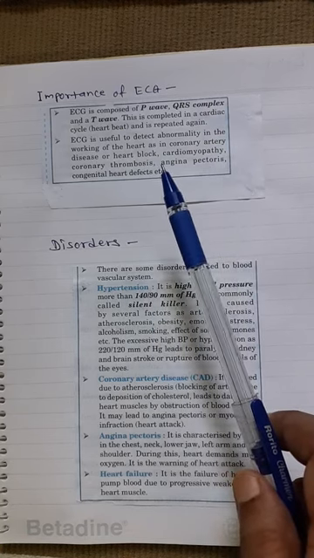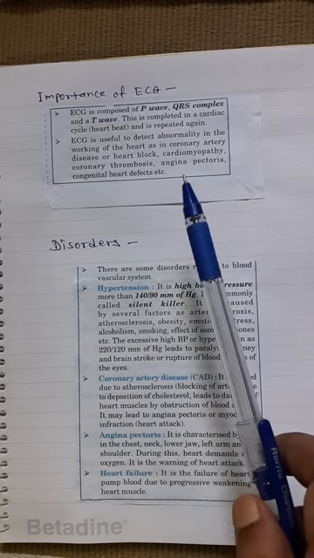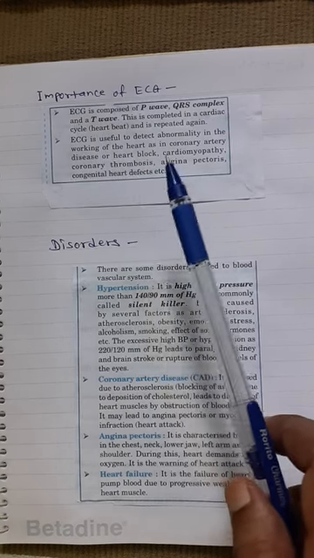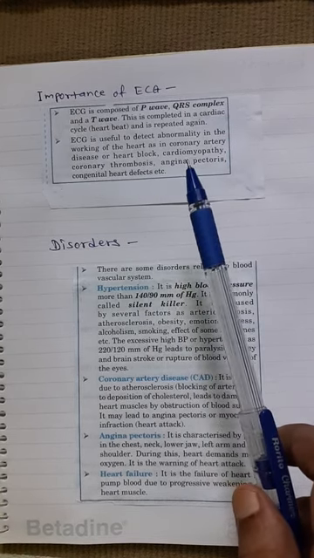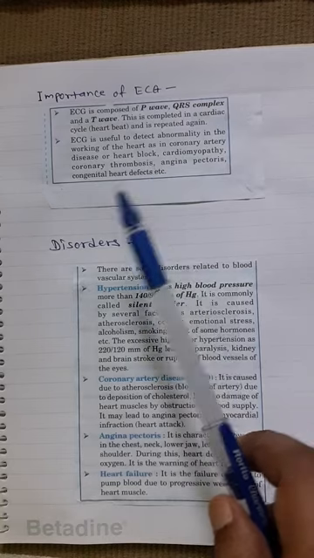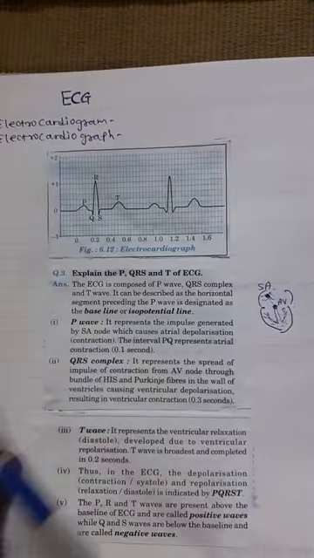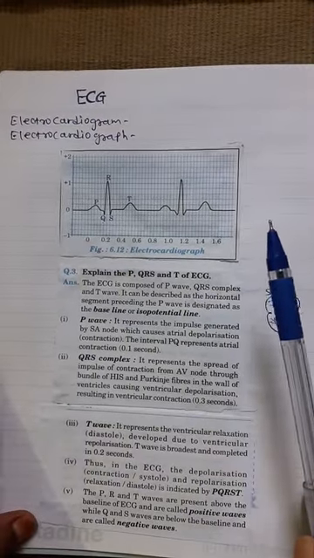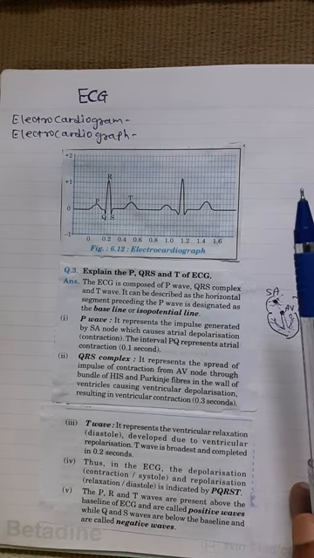Coronary thrombosis, angina pectoris and congenital heart defects. All these different types of heart diseases are indicated by ECG. If there is any abnormality in the ECG, it is detected with the help of this ECG. So we come to know about these diseases in advance.